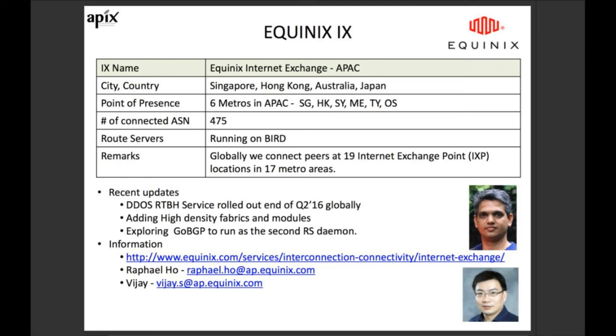To support the 100 gig demand, we are upgrading our platform to high density fabric and modules, and that is also to shorten the lead time for the 100 gig ports. Apart from that, we are also exploring GoBGP as an alternate route server that we can deploy in our platform, and we are still exploring it.